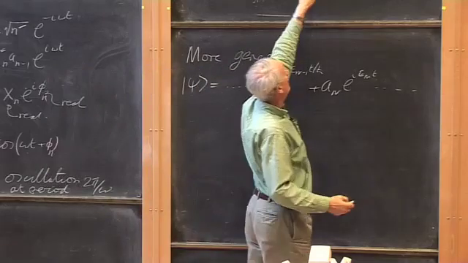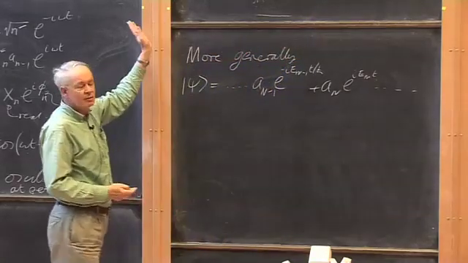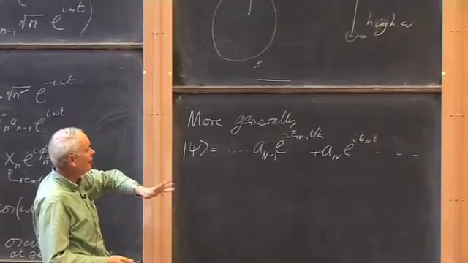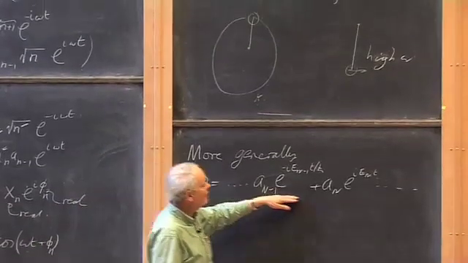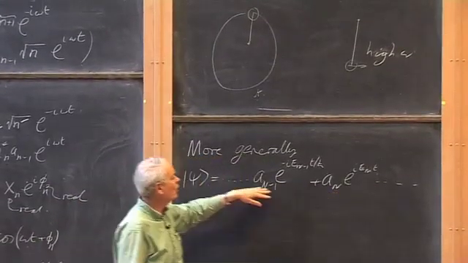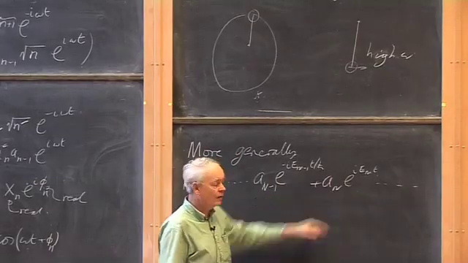We've lifted our bob up to 30 degrees or something and let it go. The energy is not completely undetermined, and what that means is that many of these will be non-zero, but they will all be clustered around some particular value of n.